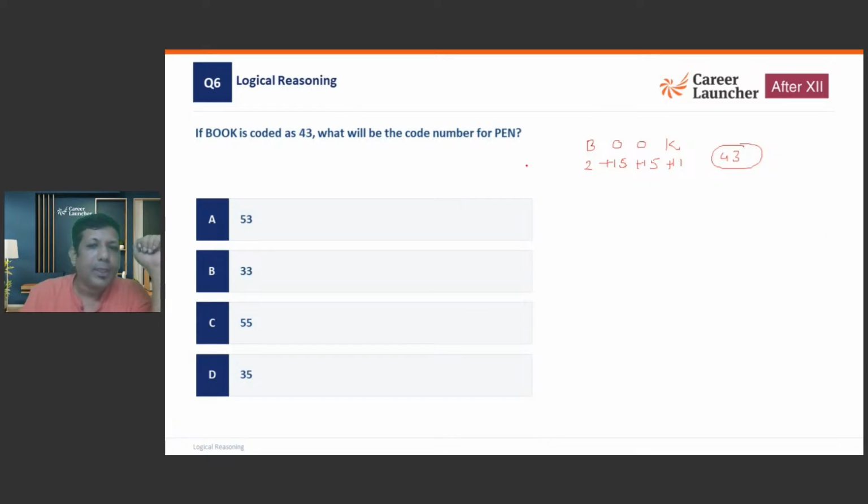Okay. Talking about P, P is 16. Okay. What is E? E is 5. What is N? N is 14. If I add up all the numbers, what am I going to get? 35. Answer comes out to be option D. So when there is nothing, we go back to basics.